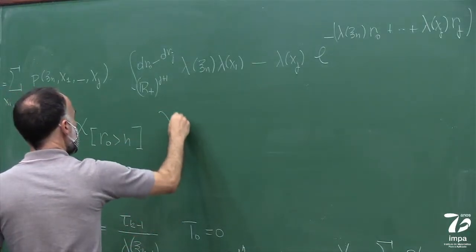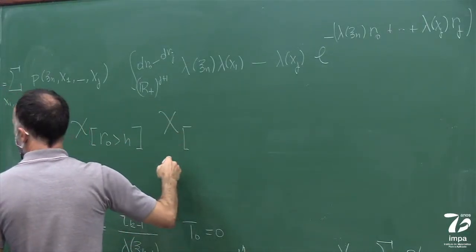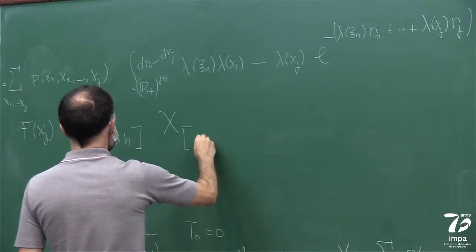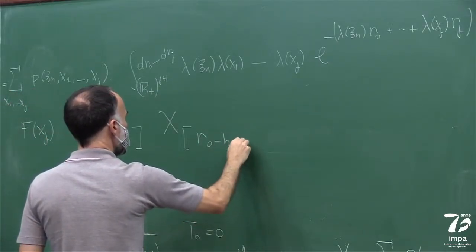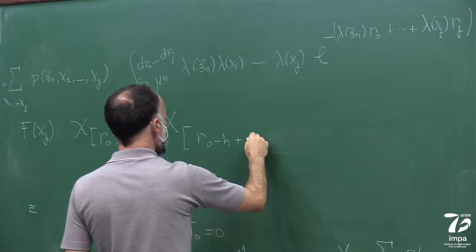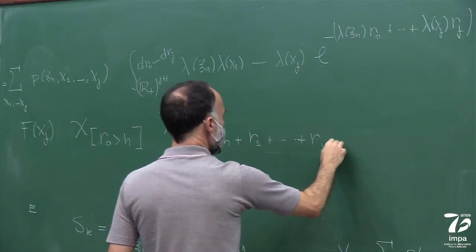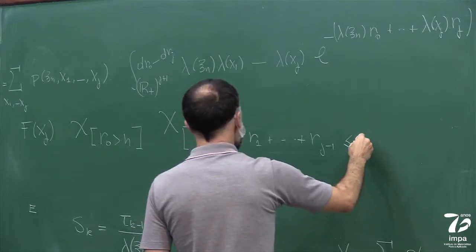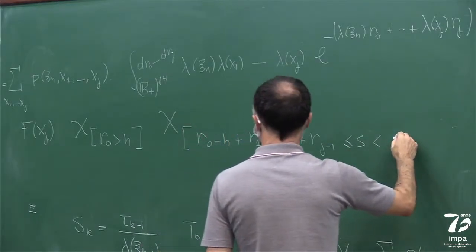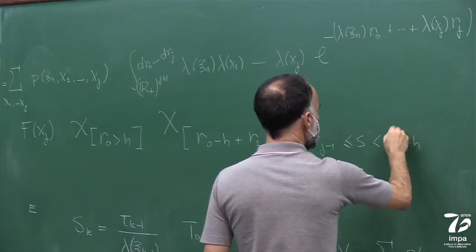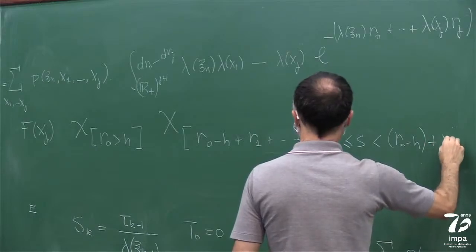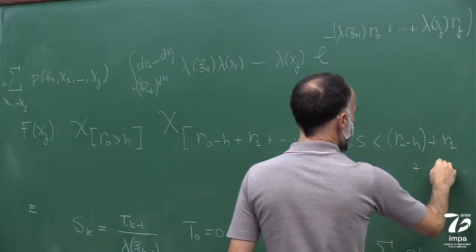And R0 minus h plus R1 up to plus Rj minus 1 is less than s, which is less than R0 minus h plus R1 up to plus Rj.